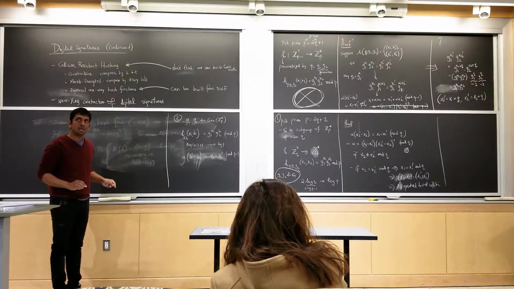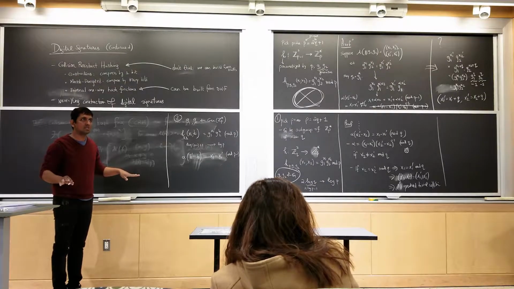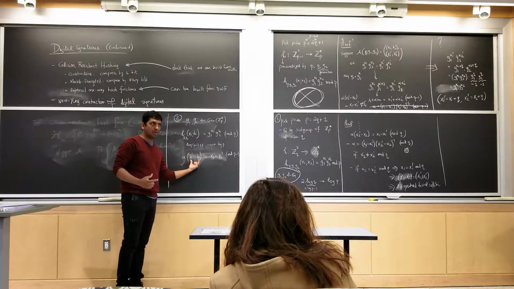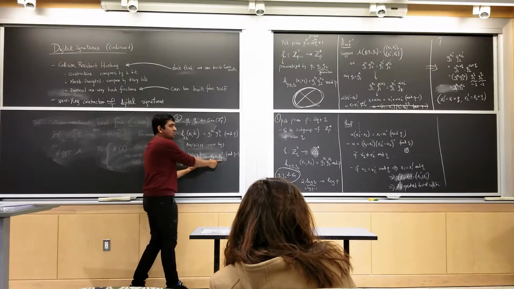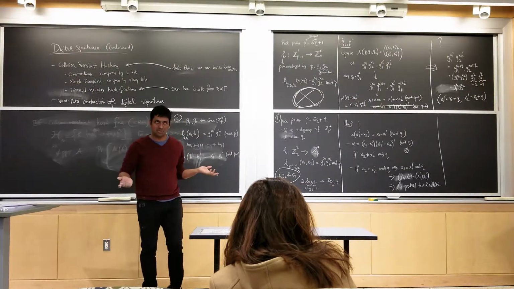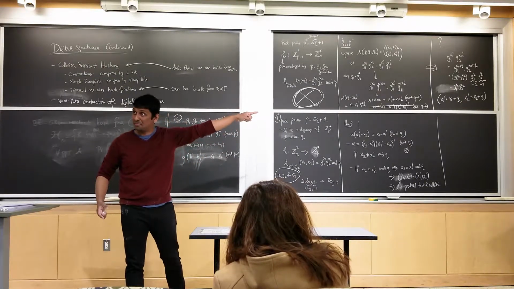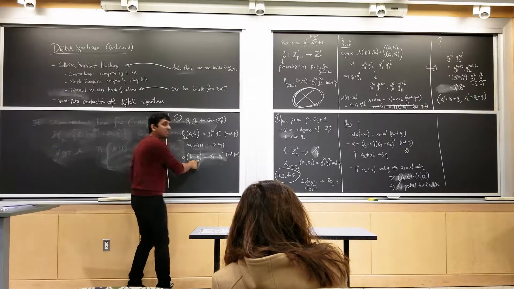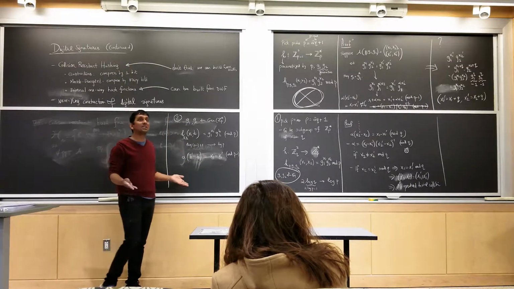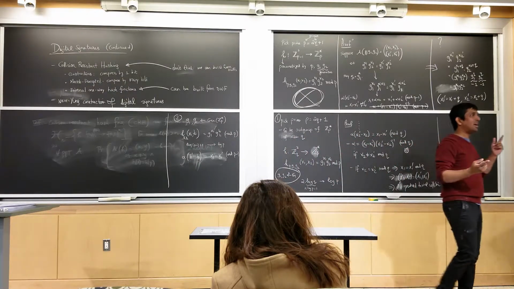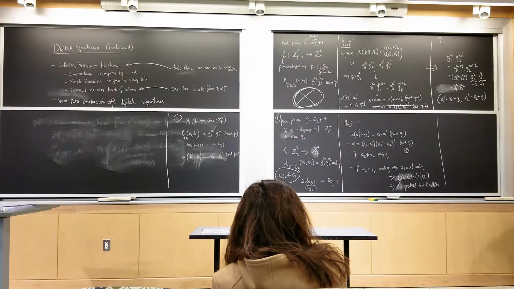This, I claim, does the job for me. Why? Because there are two cases. Either b is equal to b prime, in which case x1 equals x1 prime, and the adversary did not produce a collision at all. The same reasoning that we used for x2 equals x2 prime. Or b is different from b prime, in which case what can b prime minus b be? It's either 1 or minus 1, since we know they are different.